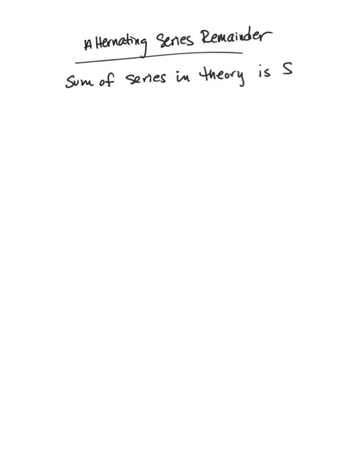The error, which would be your sum that you can't find minus whatever partial sum you have, is bounded by the first chopped off term. By chopped off term, I mean the term that was missing from the sum you have.